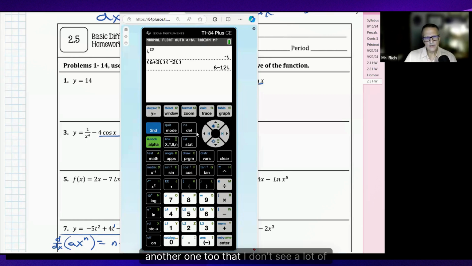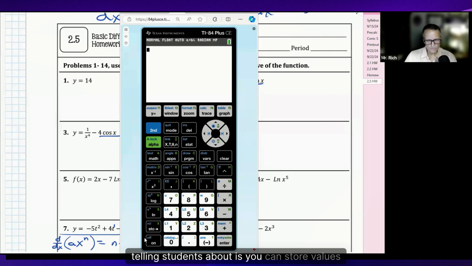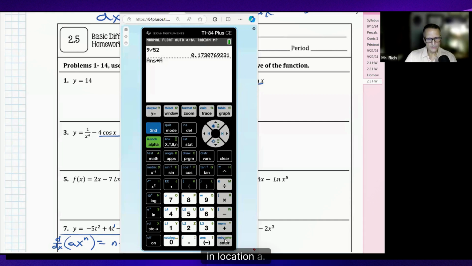Another one that I don't see a lot of teachers telling students about is, you can store values within the letters of this calculator, your A, B, C, D, E, F, G, right? So if I get a result from a calculation, say 9 divided by 52, and I want to save it, I can tell the calculator to store that answer in location A. All right, so it's now in there.